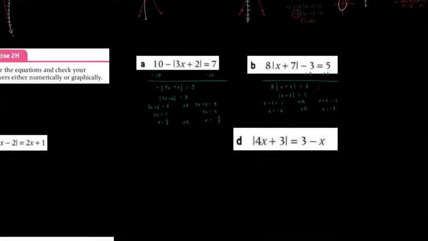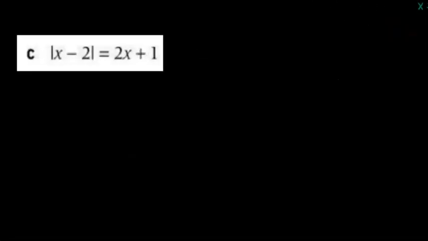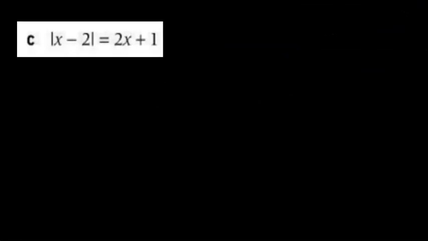A, B, C, C. Okay, let's go ahead. There's 2 ways to solve this. You could square both sides if you want to remove that x minus 2 from the absolute value, or you can break this absolute value up into 2.